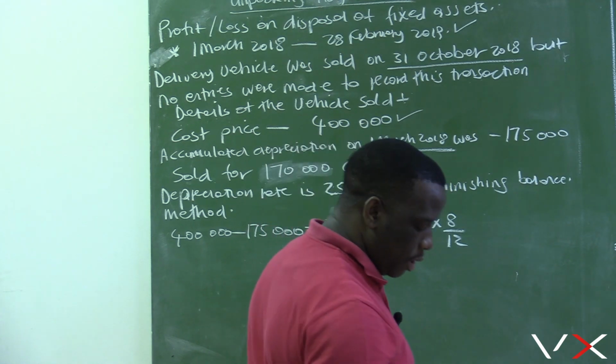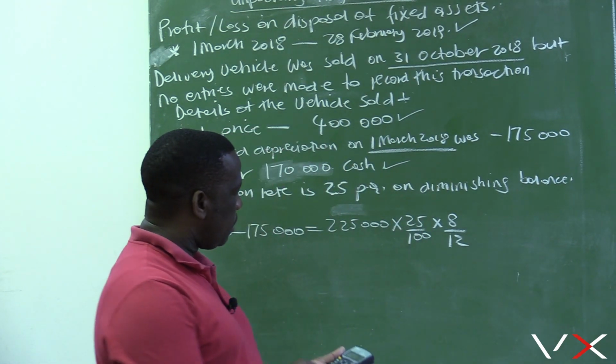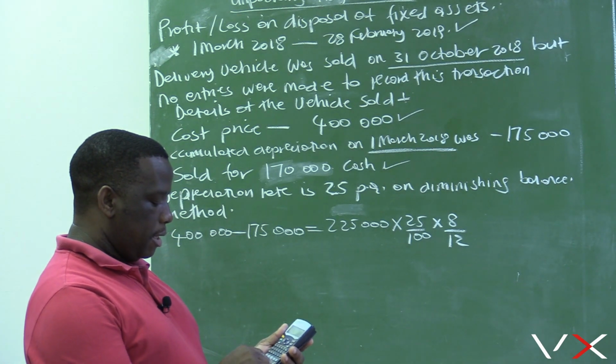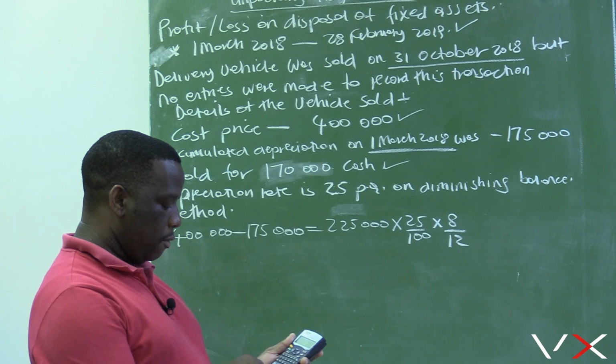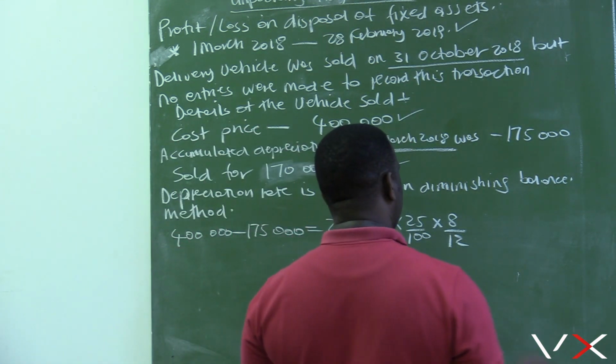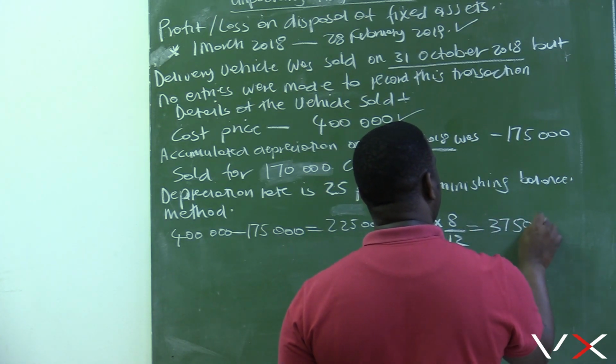So 225,000 multiplied by 25% multiplied by 8/12, we got 37,500.